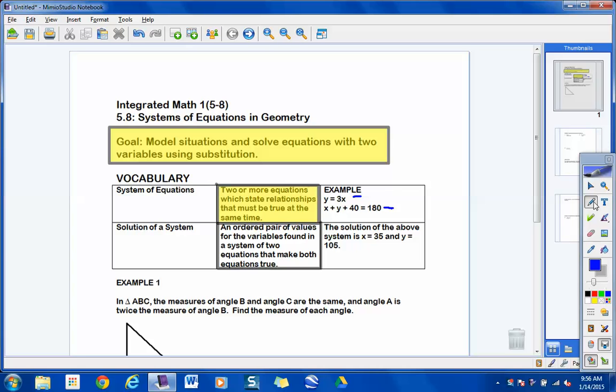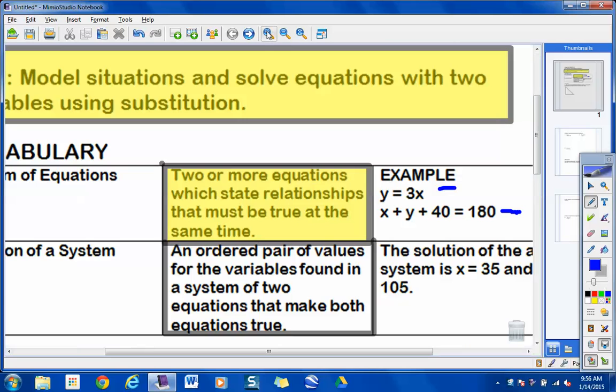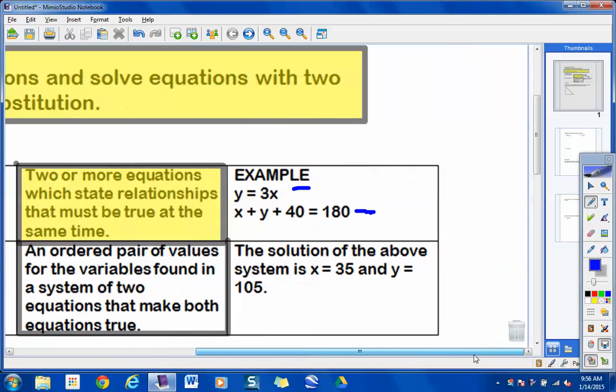So in this top one right here, what did I say the x value is? 35. And what's the y value? So where I have y right here, this would imply that 105 has to equal 3 times 35. That's what that means.